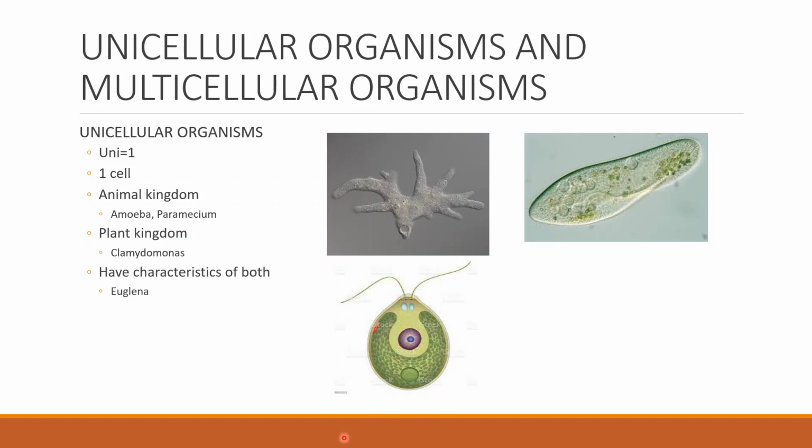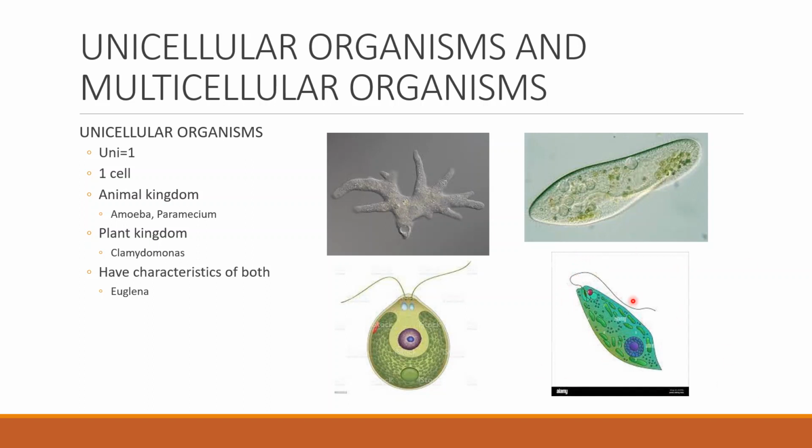And the last one, which has characteristics of both, is the euglena. The euglena looks kind of similar to the paramecium, but it has what we call flagella, which you probably won't learn here, but this is the euglena.